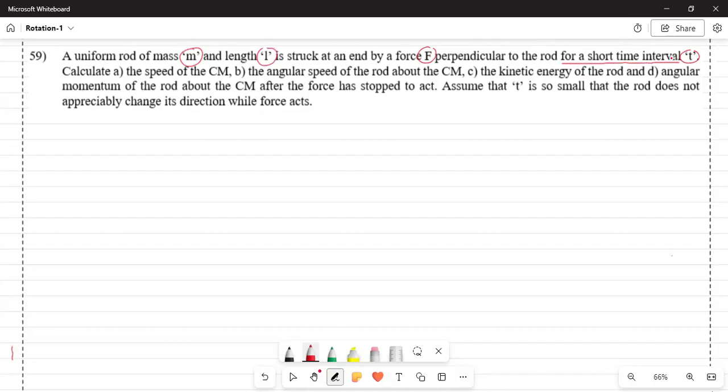Because the impact is called that when a force acts on a body for a very short time interval.